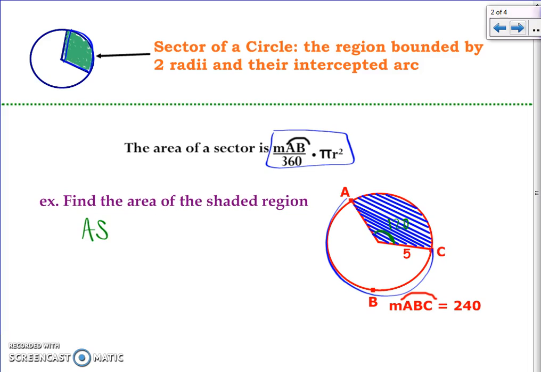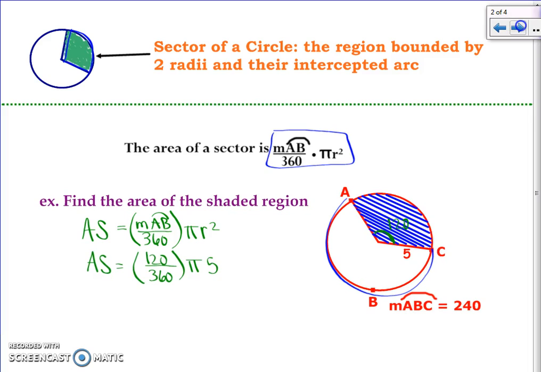All right, so we have AS, which stands for area of the sector. And then we'll write our formula. Measure of AB over 360 pi r squared. Okay, so we'll put in our two numbers, which are the angle measure. You told me that's 120. And the radius.